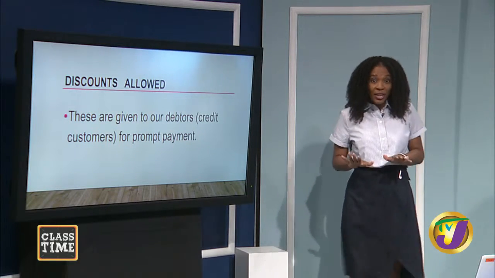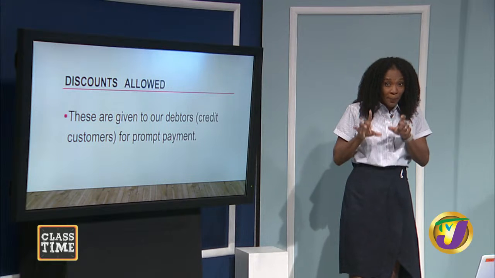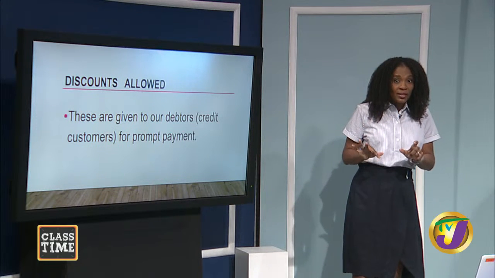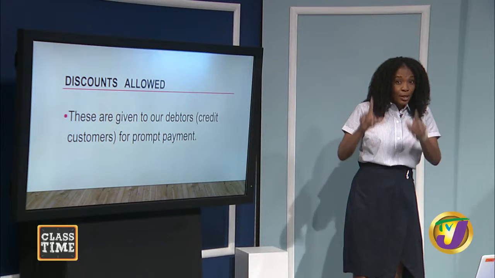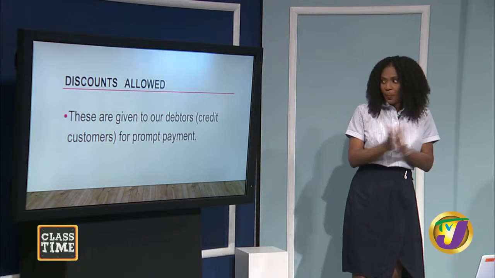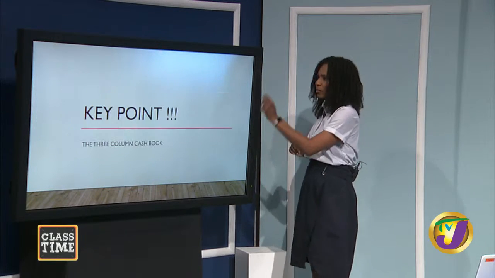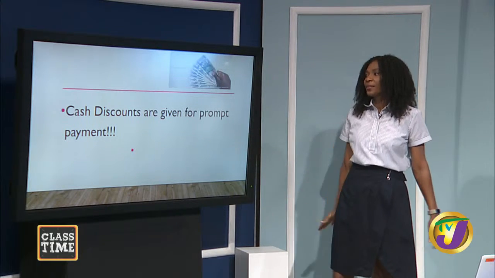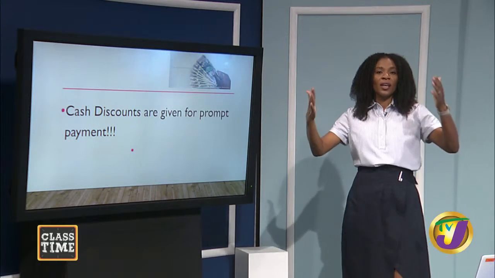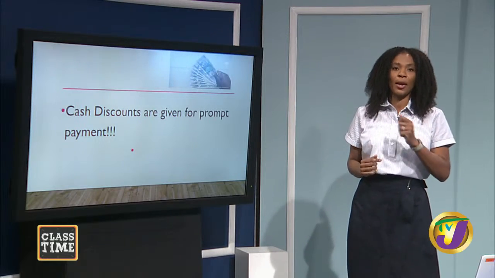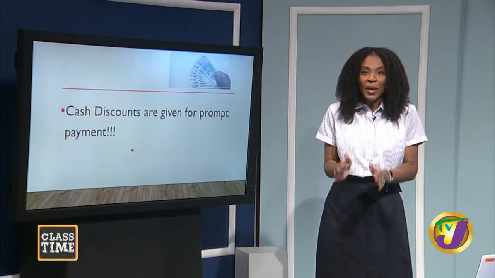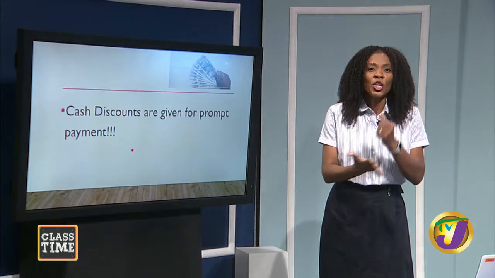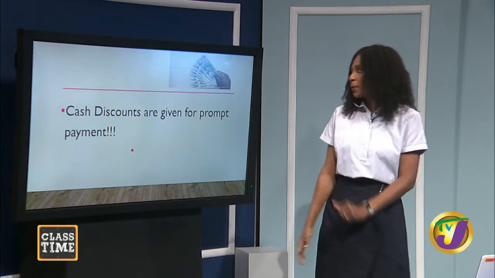I hope you're zeroing in, and I hope you have your paper, your cash book sheet before you, a clean soft eraser, your pen, your pencil, and you're taking your notes. All right. Now, what's the key point emanating from this? Cash discounts are given for prompt payment, students. When you pay on time, within a specified period, you get your cash discount.